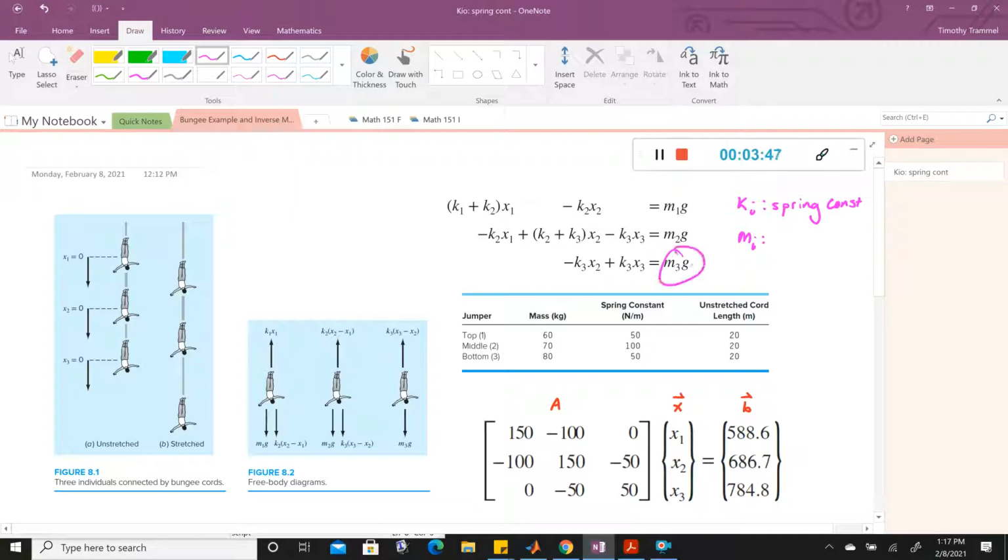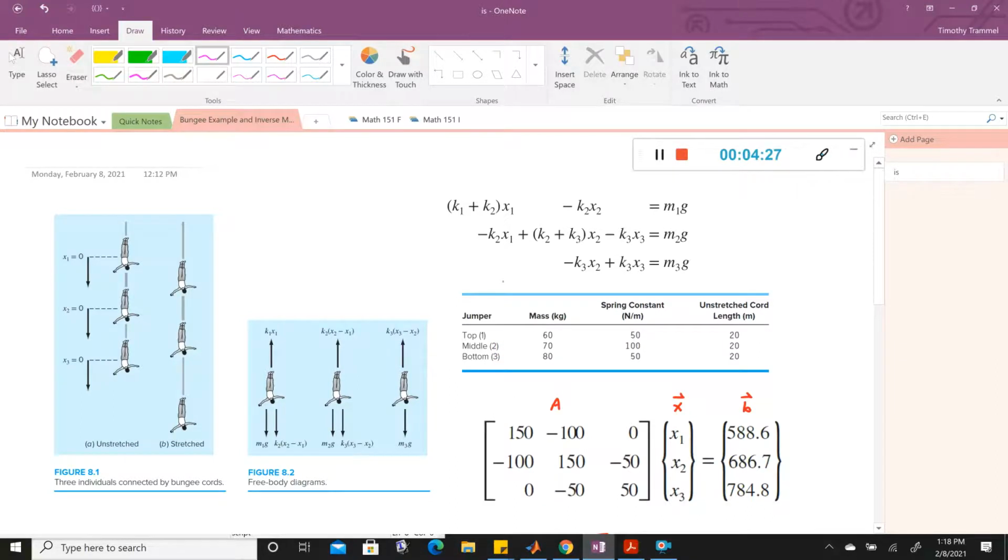And with the g next to it, that really means that these are the weights of each bungee jumper. And again, the X's are the displacements of each bungee jumper. And we have the corresponding spring constants here, the bungee jumper masses. And this allowed us to set up this system of equations down here. That's all that's going on here so far.